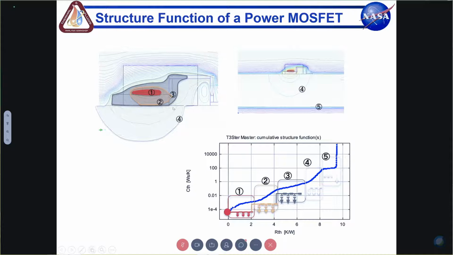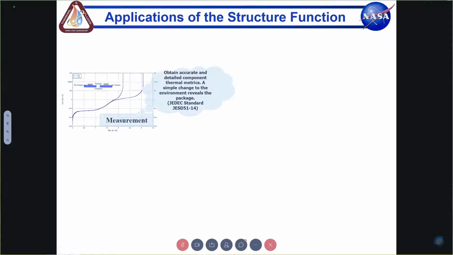The volume which this isotherm embraces times the specific heat of the material will give you the corresponding thermal capacitance. So you can get real thermal resistances from one layer to another, and you can get the spreading thermal capacitances. As you can see, number 2 doesn't fully align with the package base, but this is basically where the heat is going.